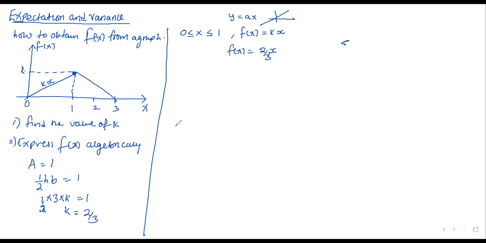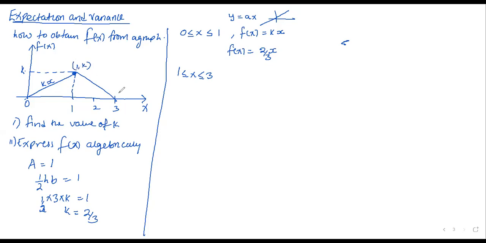Okay? So after attaining that, you can now investigate between 1 less than x less than 3. According to this one, we have a function. We have points, for example, or you can use the method of gradients. We have a point here, which is 1, k.